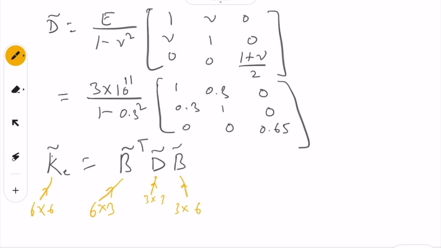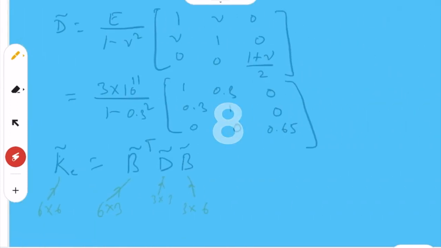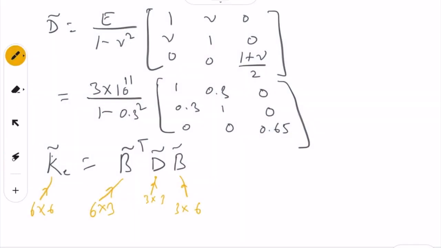Once we have that, the rest is just how to solve it. Of course this problem is bigger now. So the equation is K_e U_e equal to F_e, where we know what the K is.